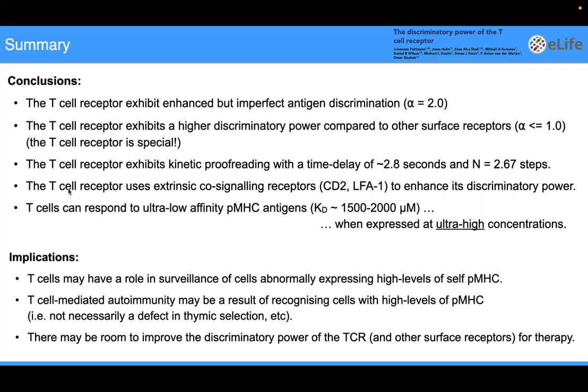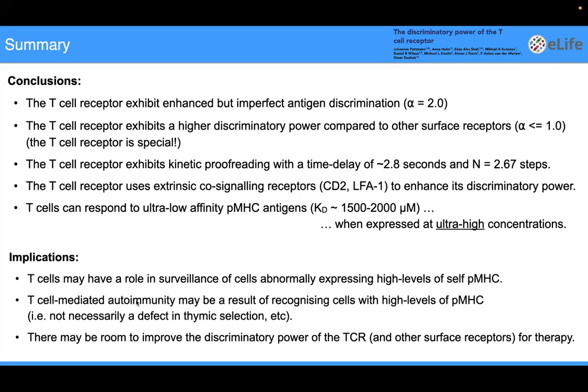I haven't mentioned the fact that there are other receptors on T cells that also can impact the discrimination power, but they're there. And T cells can actually become activated to very low affinity ligands, for example, self-ligands, provided they're expressed at ultra high concentrations.